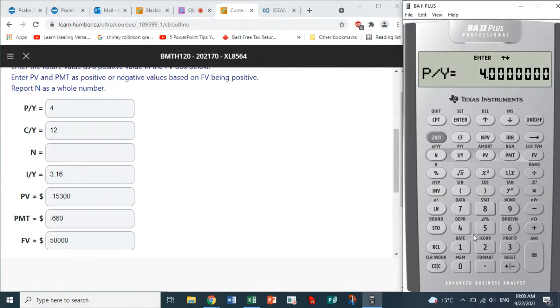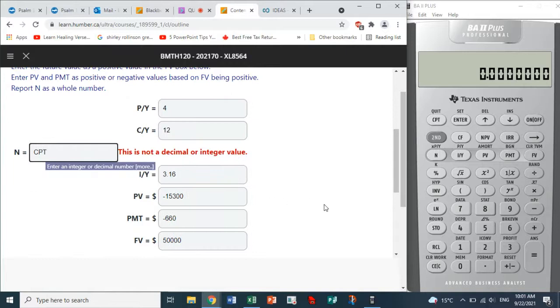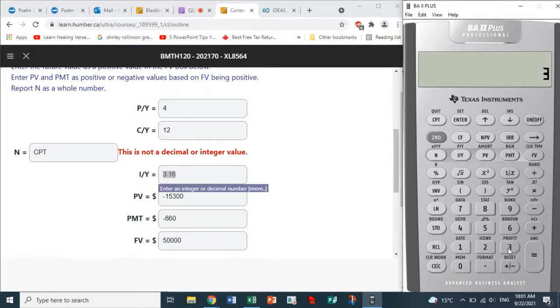All right, so let's go. PY is 4. We have 4 already. We could leave it as it is. CY is 12. So we have to enter the value of 12. So PY is 4, CY is 12, and we're out of there. Okay, we're computing n, so we are not going to enter any values there. Now IY is 3.16, so we go with 3.16, and that's IY.